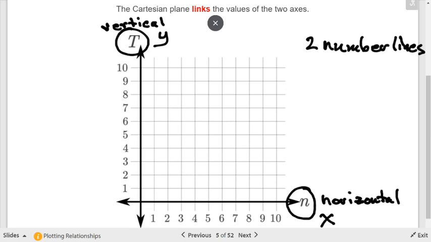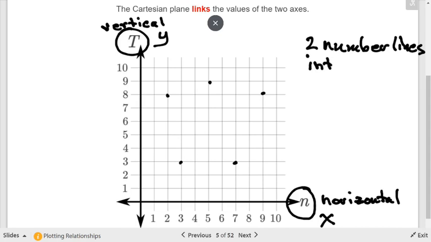So you don't have to use X and Y. But what you do have to remember is that every one of these intersections of lines represents a different point on the graph, right? And so it's made up of two number lines.